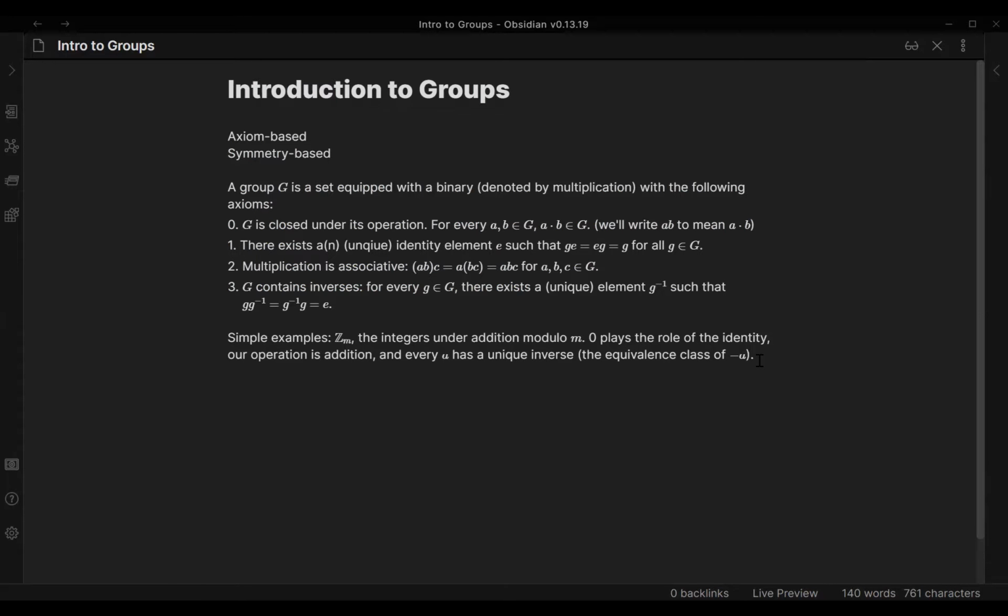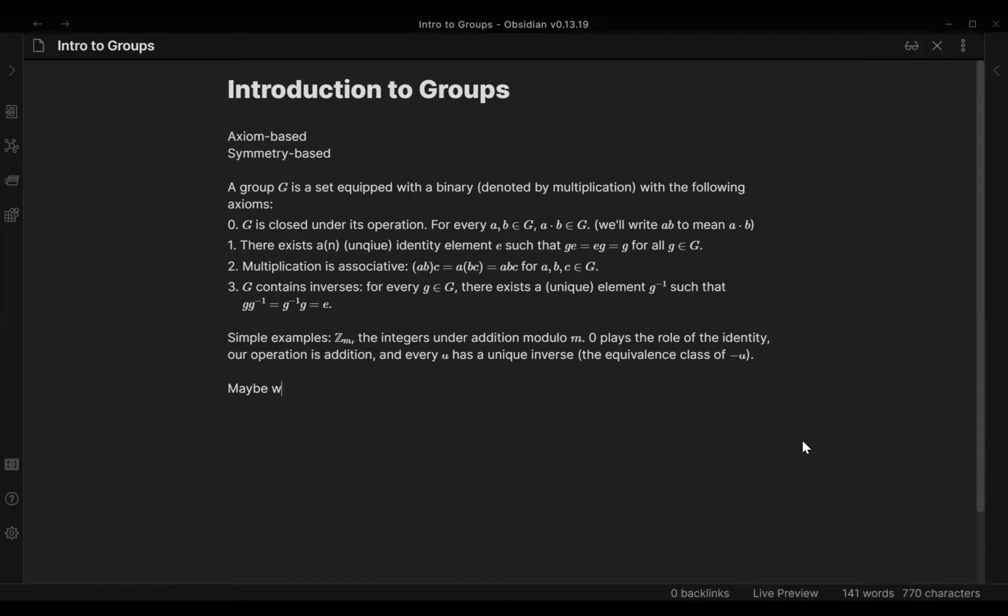So when you take the negative of an integer mod m, we tend to think of, okay, let's wrap back around and stay within the range 0 to m, but you find the correct equivalence class by taking negative A.